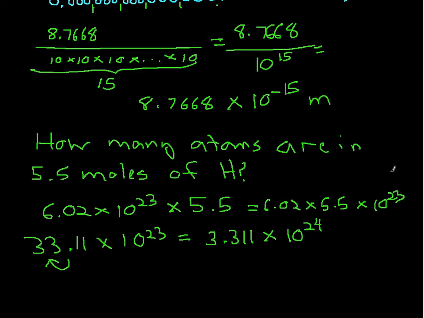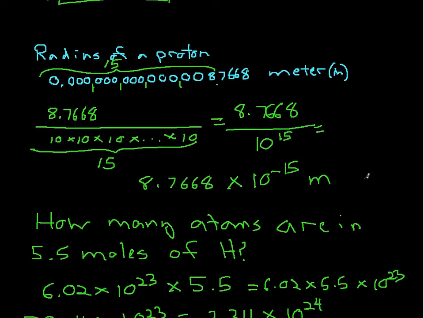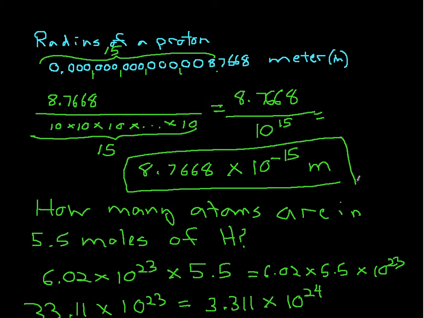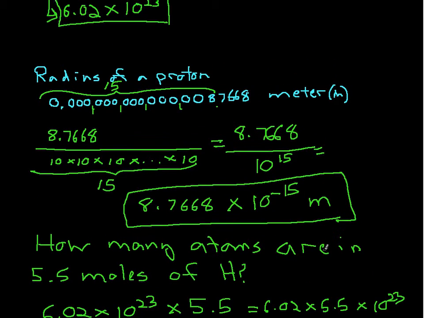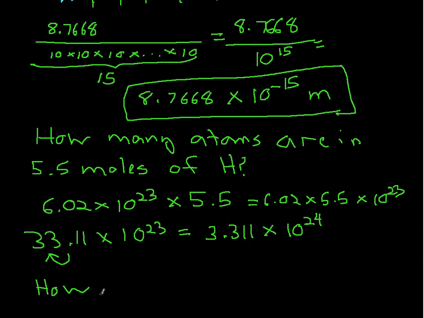Well, what about numbers that are really, really small? Because we had this number up here, the size of a proton. We do the same kind of thing. So we could ask the question, this is the radius of a proton.